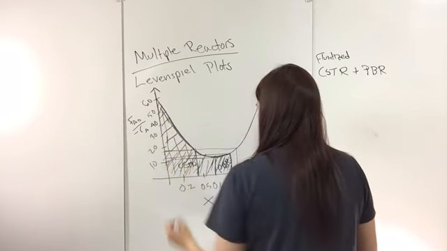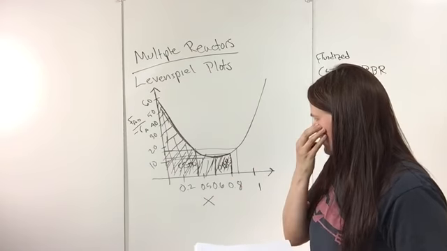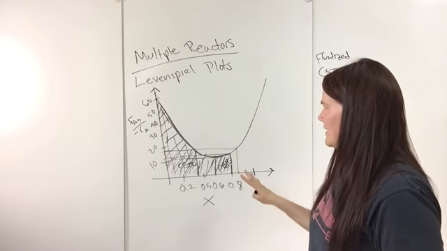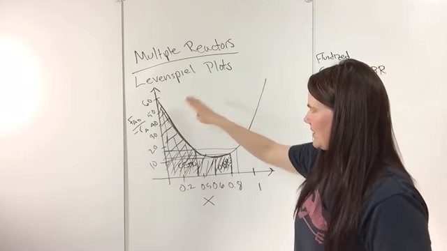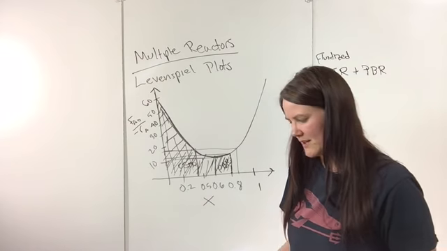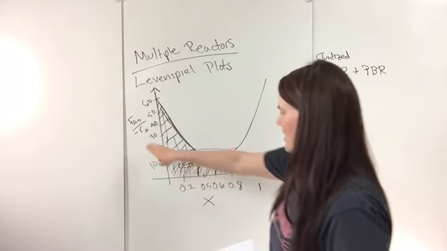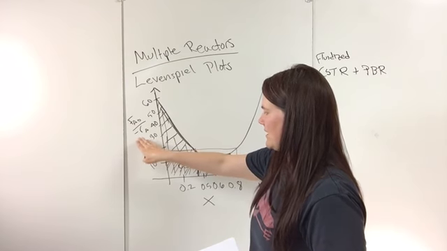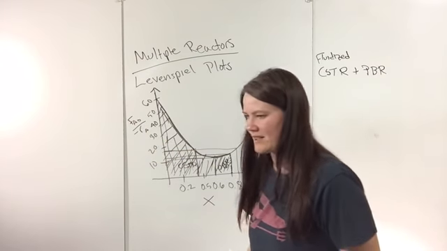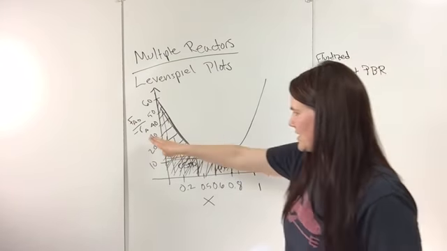If you're having trouble understanding this, go back and review Levenspiel plots, and I also did a pretty detailed video on this, so this should be pretty straightforward. The thing you want to make sure of is, because this could be plotted with something slightly different, that you check what you're plotting.